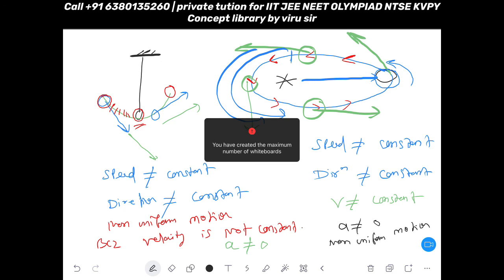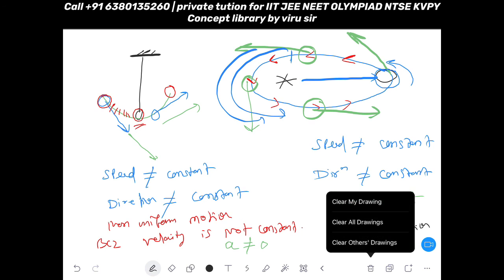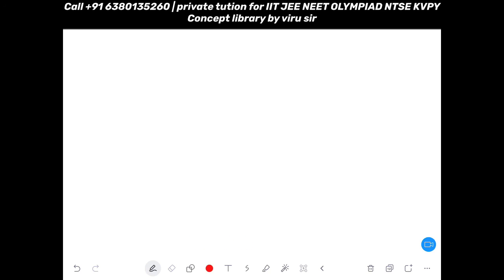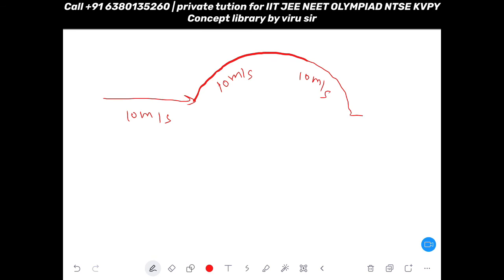Okay, and some more examples you see. I hope you have understood these two examples are sufficient, but still, suppose you are walking on a straight line with 10 meter per second speed, and then suddenly you take a circular path, but everywhere your speed was 10 meter per second. Then again you are going with 10 meter per second.